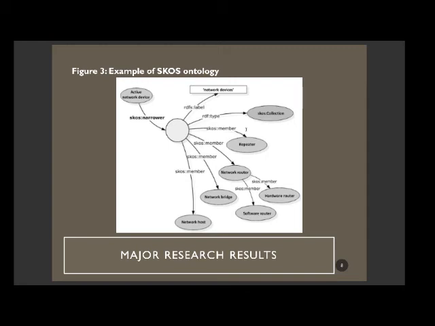In addition, SKOS supports the description of individual relationships. For example, skos:narrower is a more general relationship, skos:narrowerTransitive, which in turn refers to skos:semanticRelation. An example of the SKOS ontology for the concept of network router is shown on poster 8.